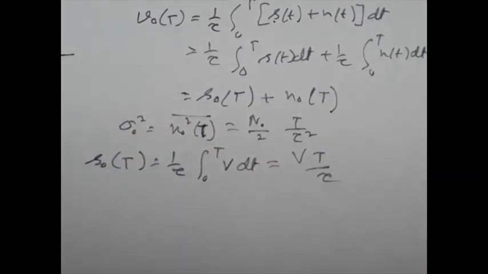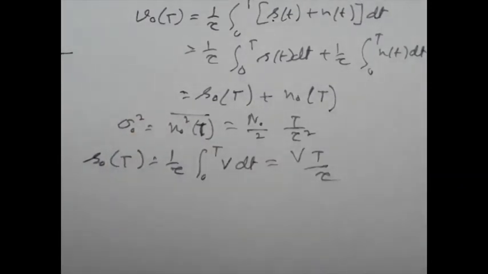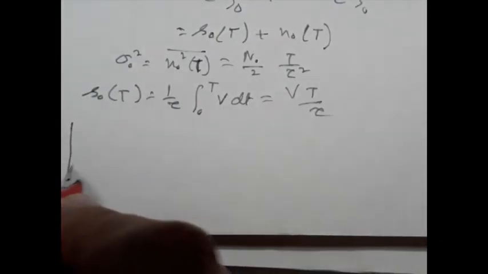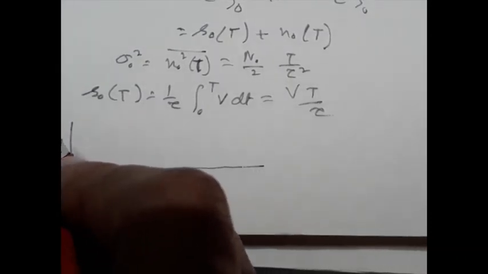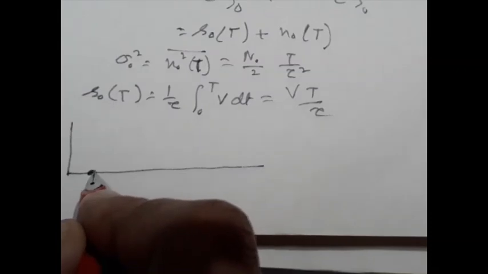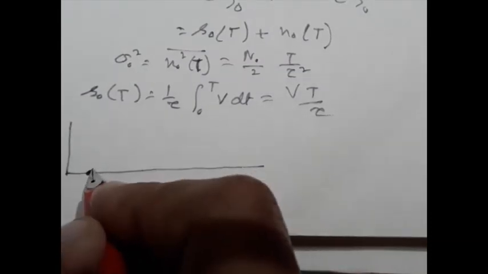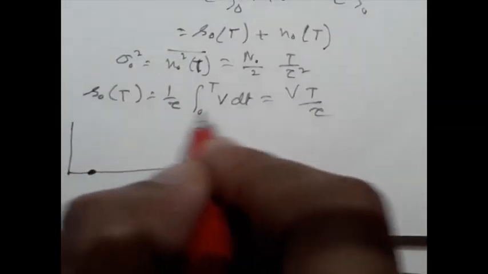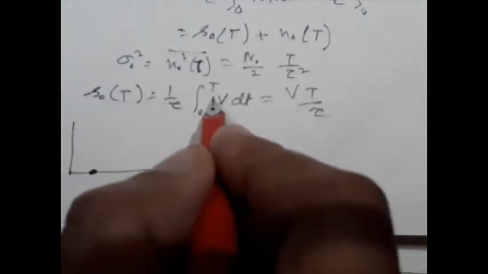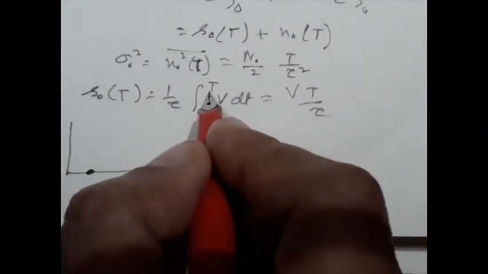So if we draw the corresponding output due to signal part and noise part, we can see that, say this is our time of pulse, and this is indicating that the voltage output signal will vary depending on the time.